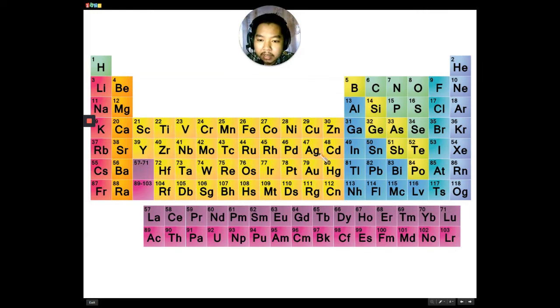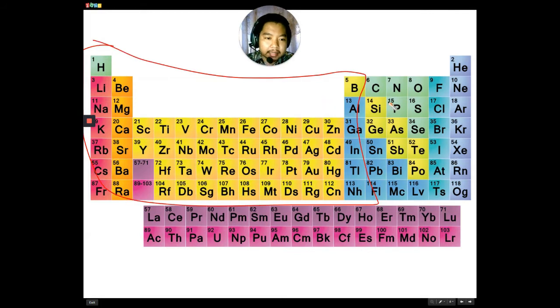Even this part in the middle, these are all metals. And if you have your periodic table with you, you will notice that seemingly you have a ladder here.